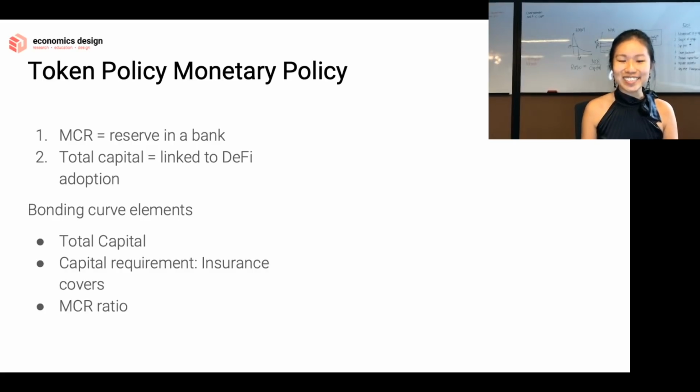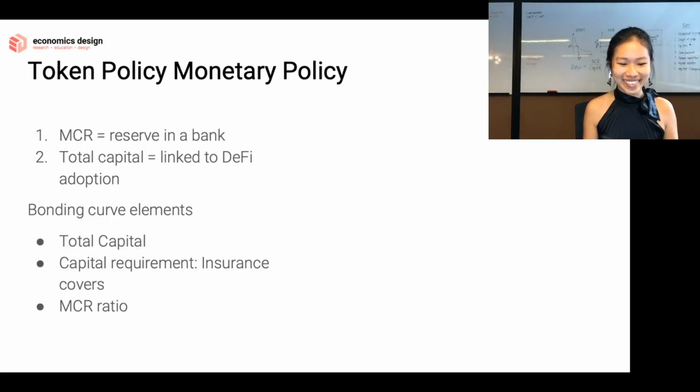Really cool, right? Because this formula involves both a short-term variable and a long-term variable. Short-term, because it's the amount of money or reserve that you could use to do your insurance cover. Whereas the long-term growth is the total capital, which is linked to DeFi adoption.